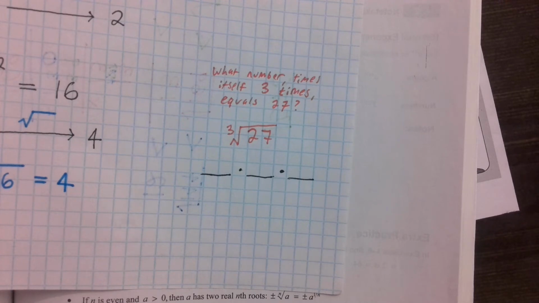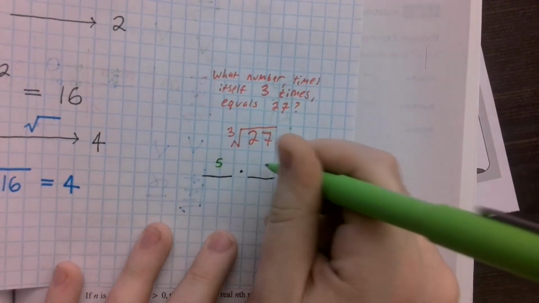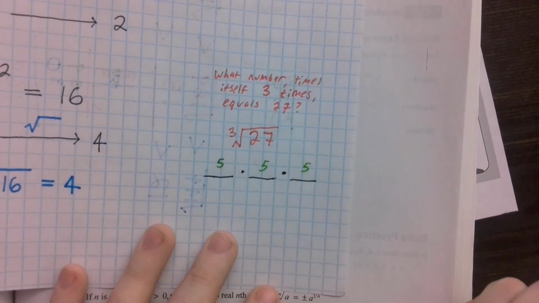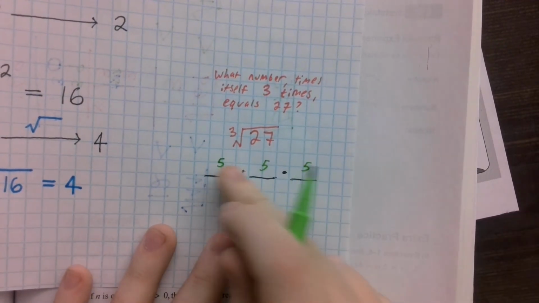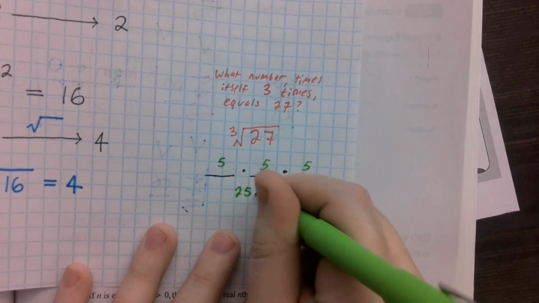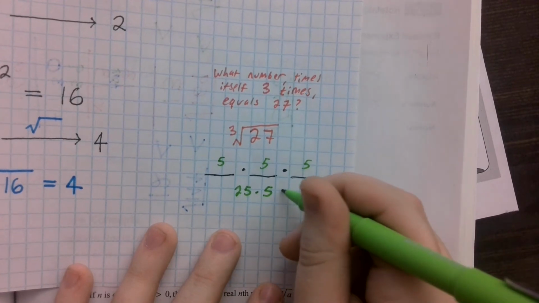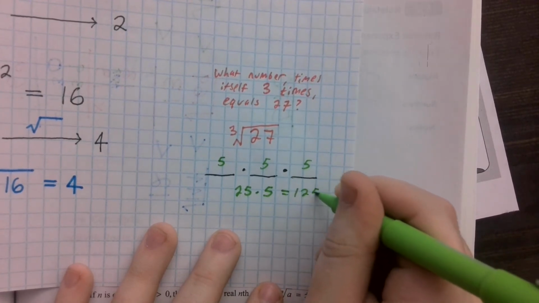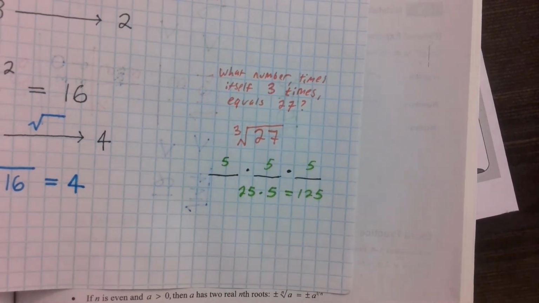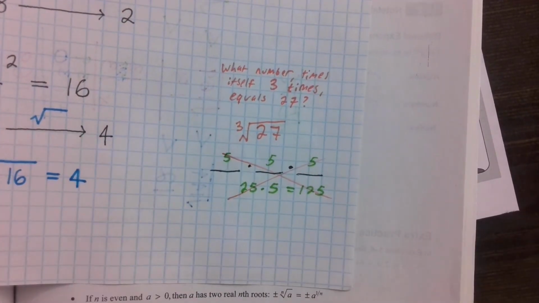For instance, let's say I guessed out of the blue the number was 5. 5 times 5 times 5. Well, what's 5 times 5? That simplifies to 25. So what we're really asking is, what's 25 times 5? That's a pretty big number. That's 125. So we know the cube root of 27 is not 125.